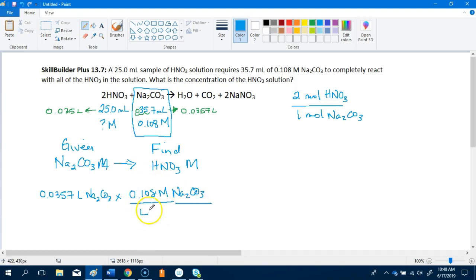Okay, so that and that, because this is Na2CO3 as well, those cross off. So that's our given first.